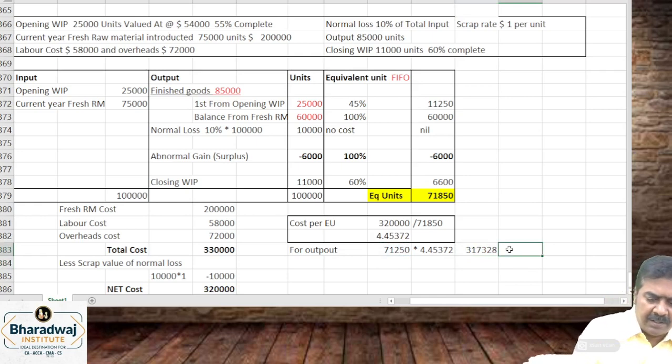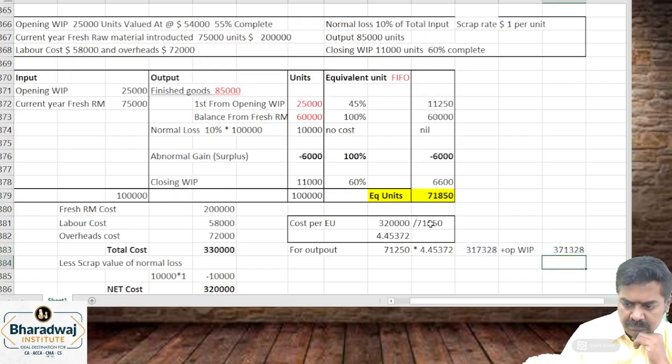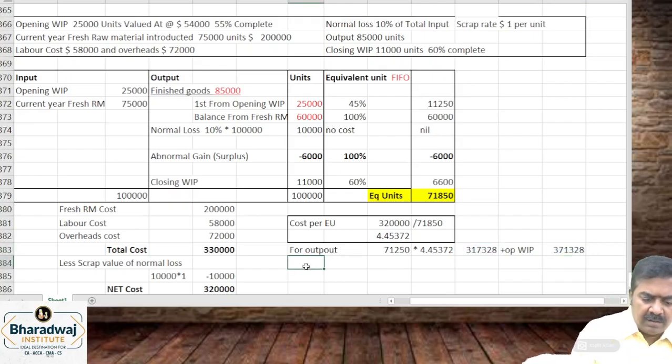Add opening WIP. What is opening WIP value? 54,000. Then normal loss, no cost allocation.